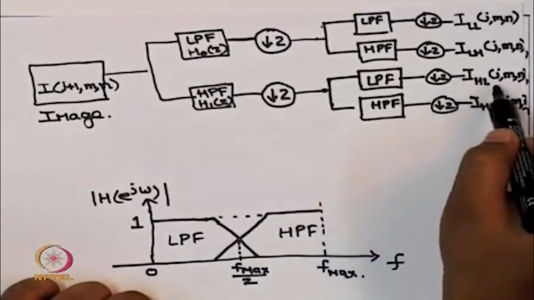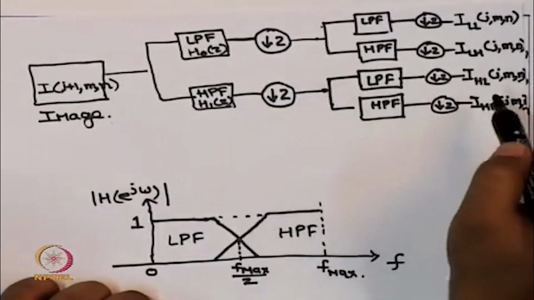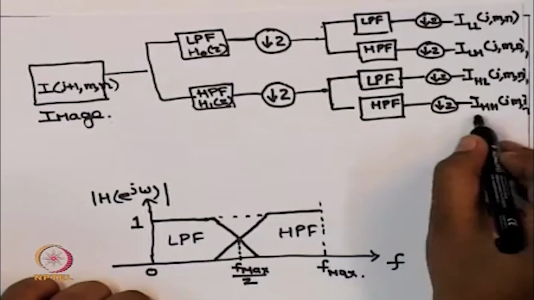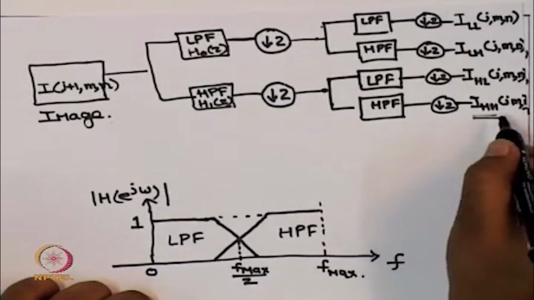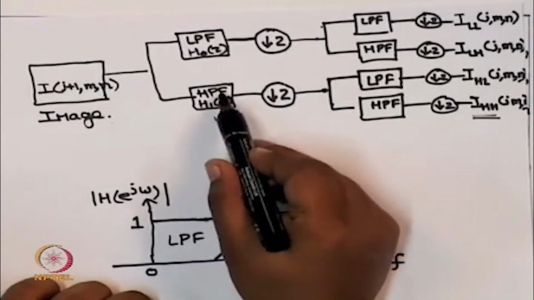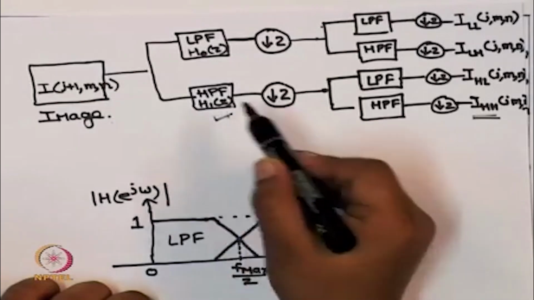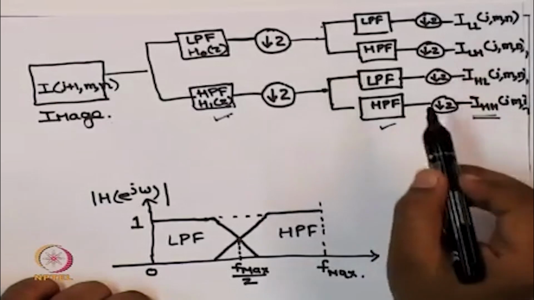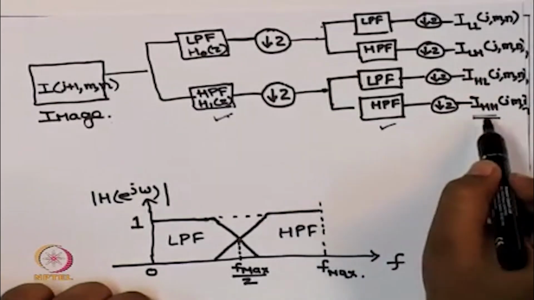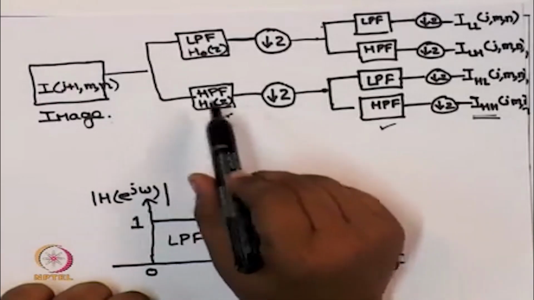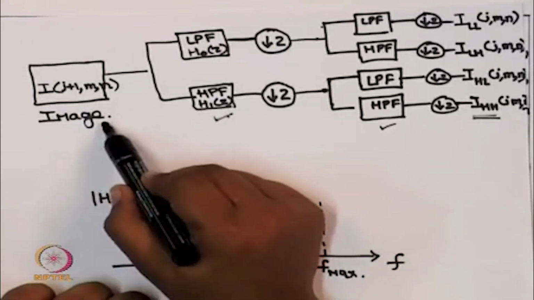So I_HL will extract the vertical features of the image. If we see the output I_HH, it has passed through a high pass filtering operation along the columns and along the rows of the image. So the output I_HH will emphasize the edges along the diagonals of the image.